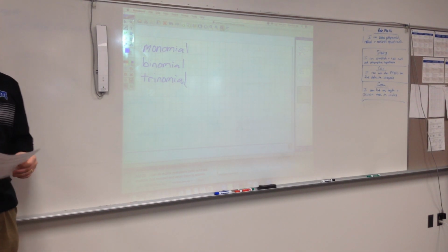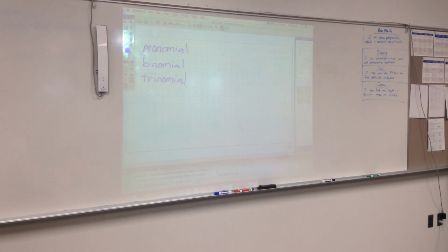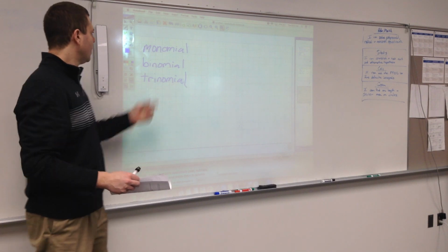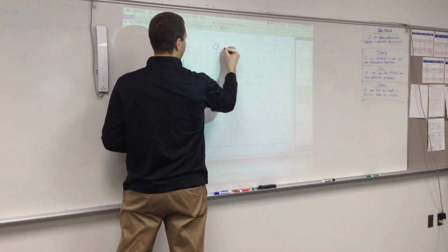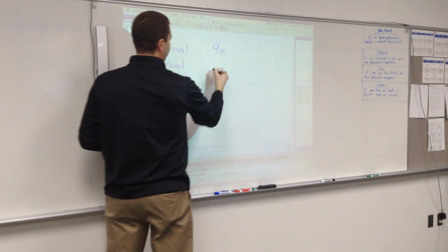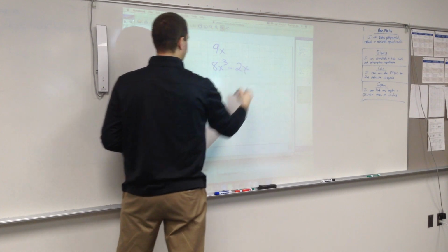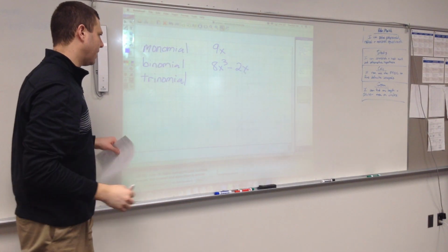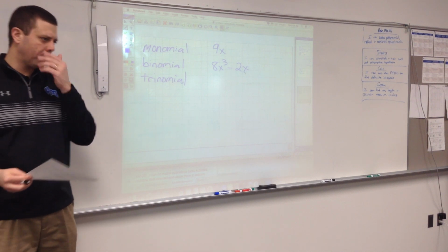There's probably special names for 4 terms, 5 terms, 6 terms, and so on, but for the most part, we'll just call them polynomials. Poly means many, right? Monomial means it's 1 term. So here's an example of a monomial. There's an example of a binomial, and so on. I think you guys got the idea there, right?